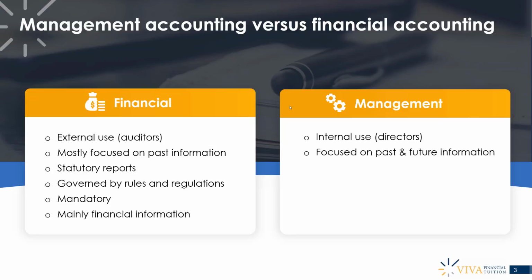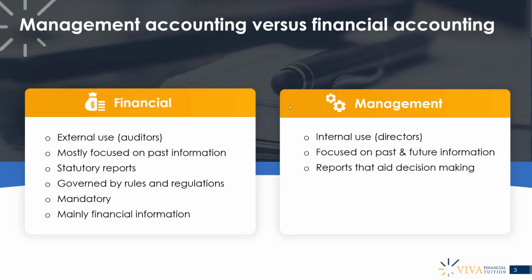So a budget is forward facing. It looks into the future. We're projecting out and we're seeing how the business is going to do in maybe 1 to 5 years time. So it's looking at future information as well as past. In management accounting, the reports that are produced are very much used to aid decision making.